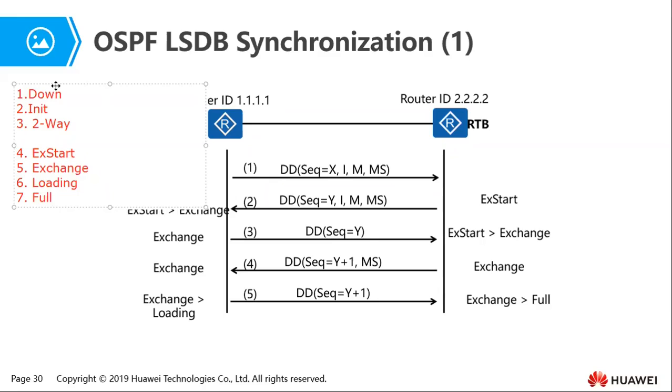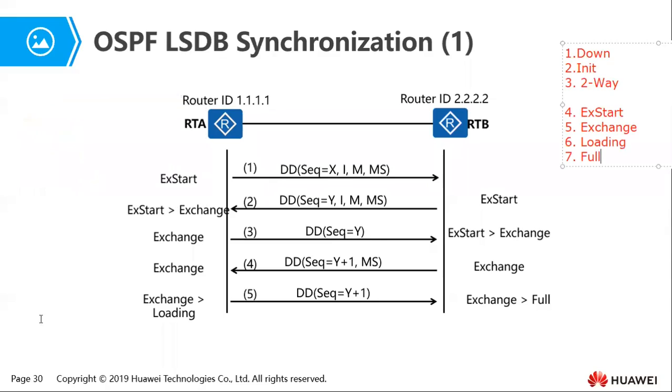Okay, so I just want you to understand what is happening here. We have RTA, RTB. They're already in two-way state and they have achieved bidirectional communication. So what happens at the ExStart state? At the ExStart state, the two routers try to establish a master/slave relationship, and they also determine the initial sequence number.